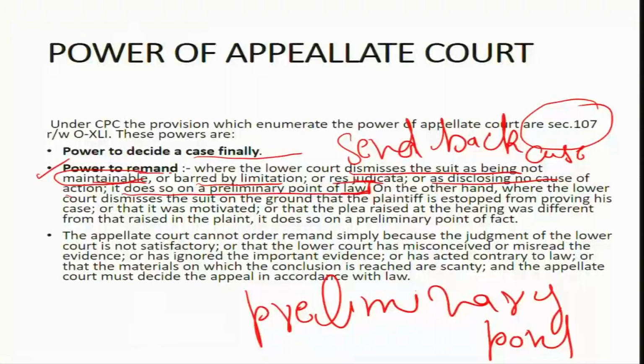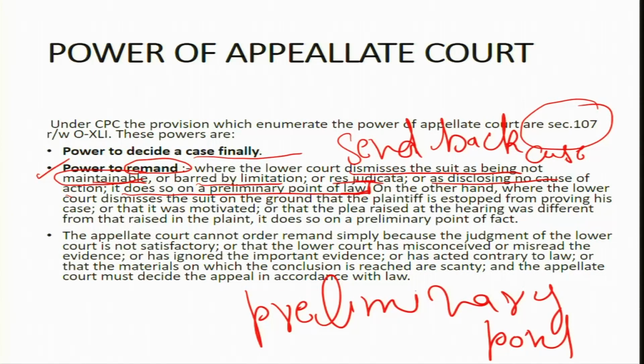Then in that case the court can exercise the power of remand, sending back, and the appellate court can direct the lower court to try it again. Again the trial will take place, or in the order sheet itself it will be mentioned what step has to be taken by the lower court now, because there is a direction of the appellate court.